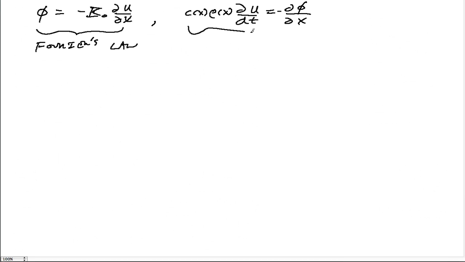And here, we call this the continuity equation. So the continuity equation says that the temperature will change, and that's governed by the change in the flux over the spatial region. So the time derivative of our temperature will change based on the change in flux spatially, and it's the negative change in flux.